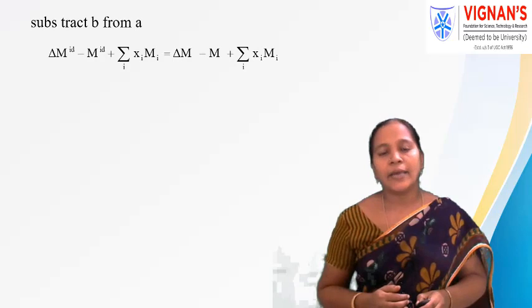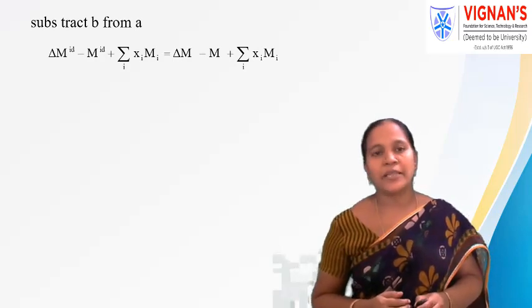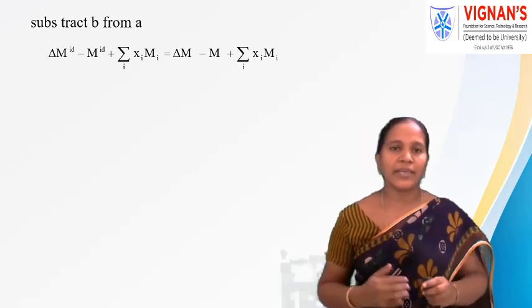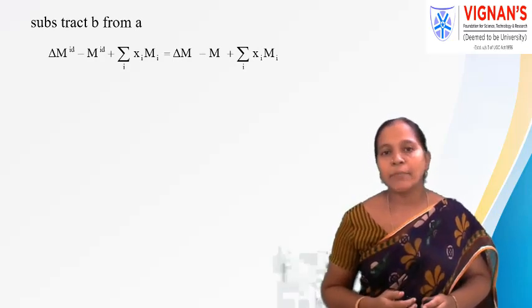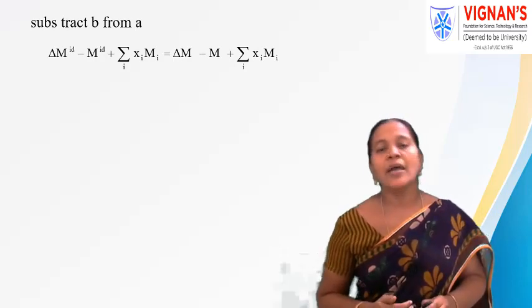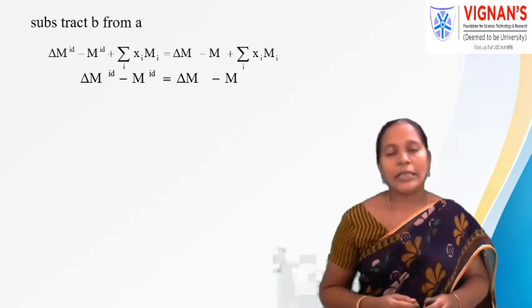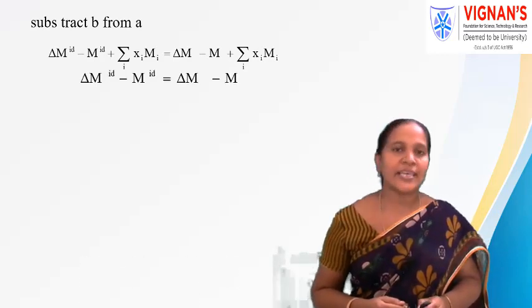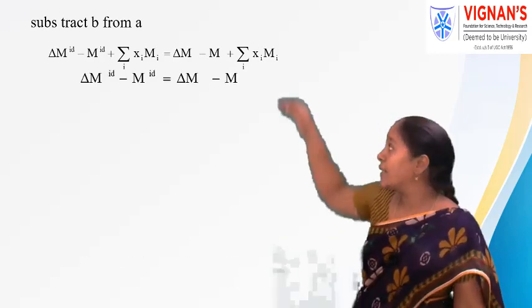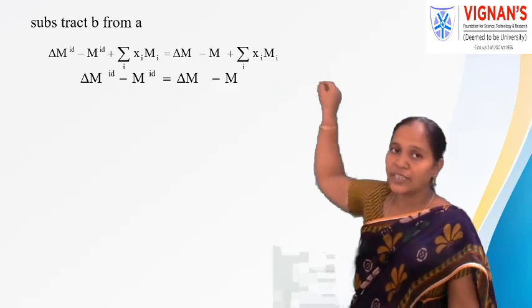Therefore, delta M ID minus M ID plus sigma xi Mi is equal to delta M minus M plus sigma xi Mi. Therefore, sigma xi Mi gets cancelled on both sides of the equation.